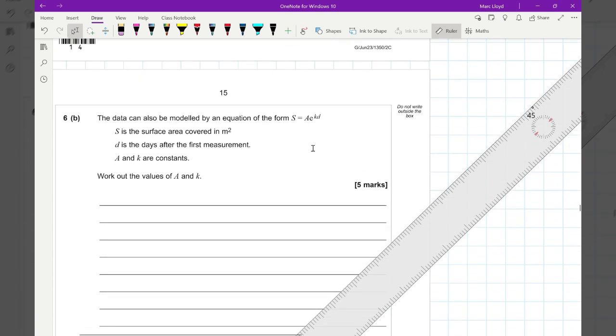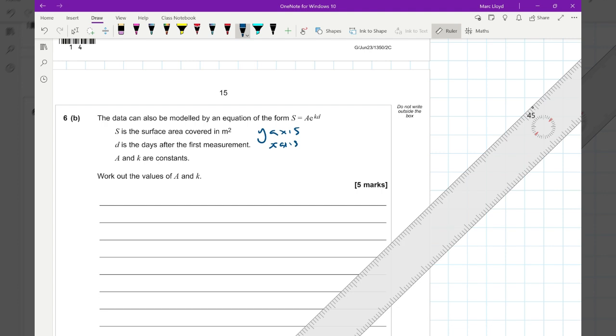The data can also be modeled by an equation of the form S equals A times e to the KD. S is the surface area covered in meters squared, that's the y-axis. D is the days after the first measurement, the x-axis, and A and K are constants.